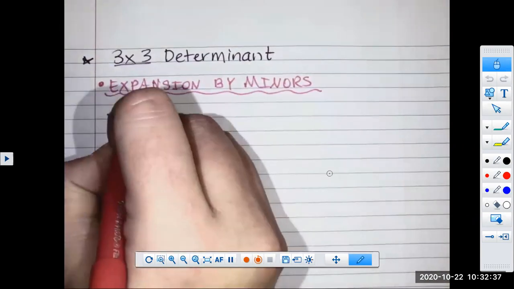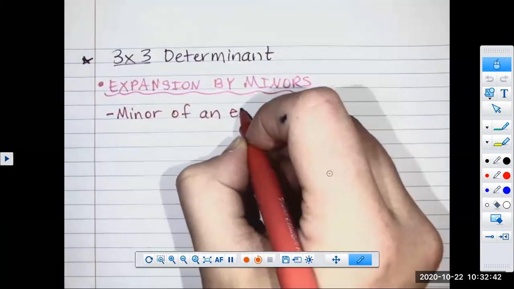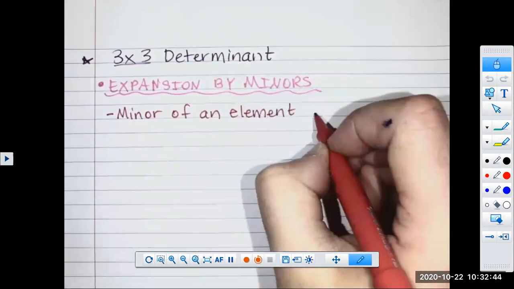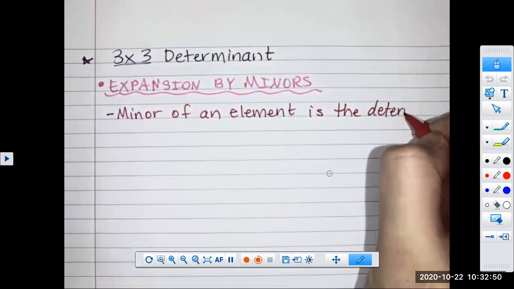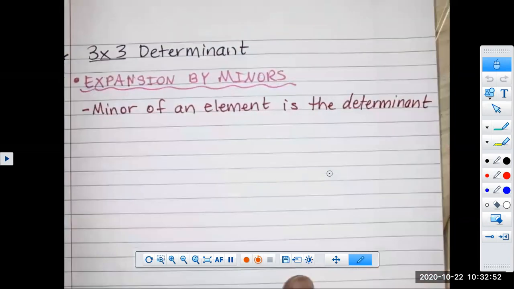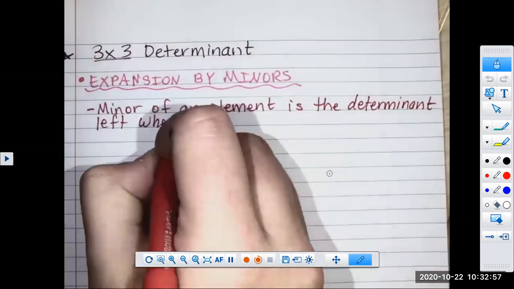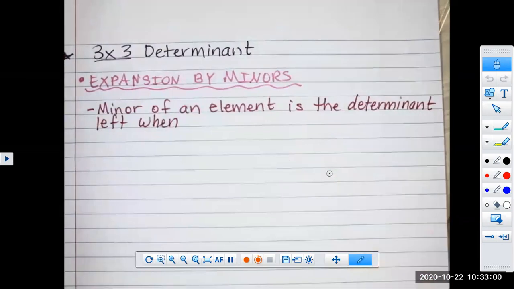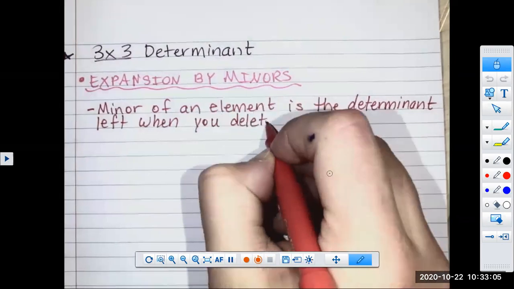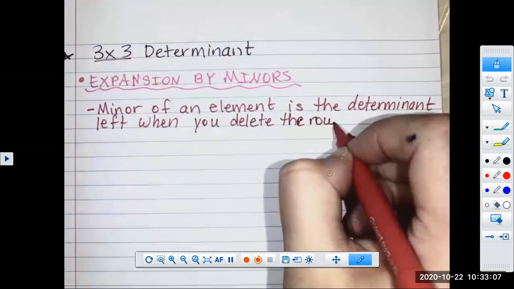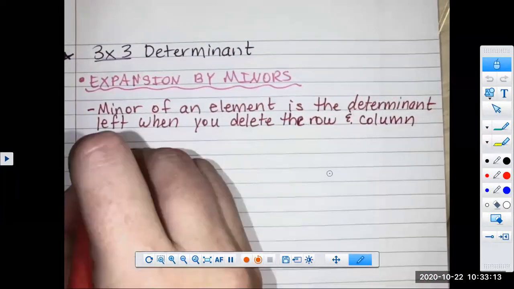Okay, the minor of an element, the minor of any element in a matrix, is the determinant left when you delete the row and column it's in.